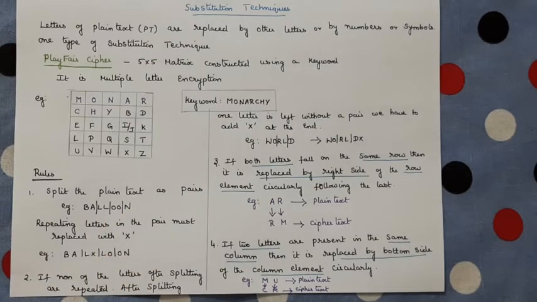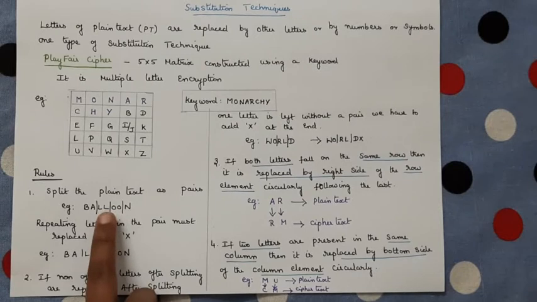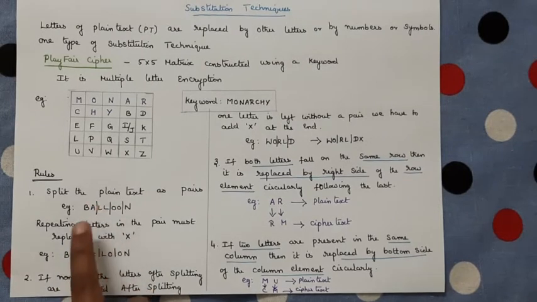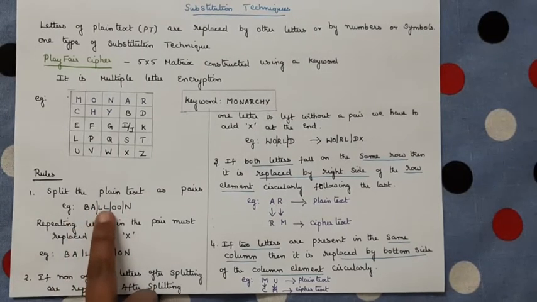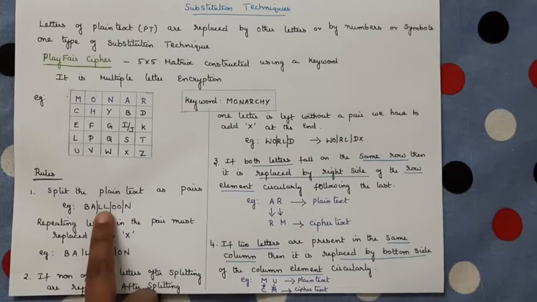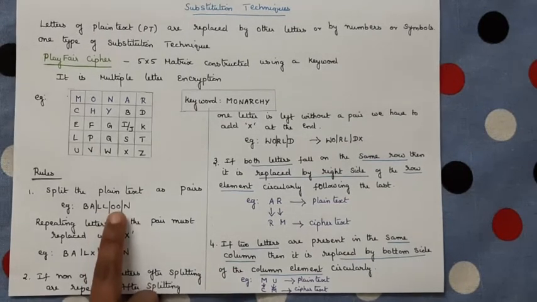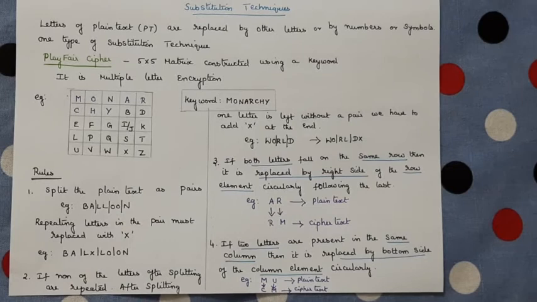Now I check whether any of the pairs has a repeating letter. Here, I have LL and OO. Two pairs have repeating letters.